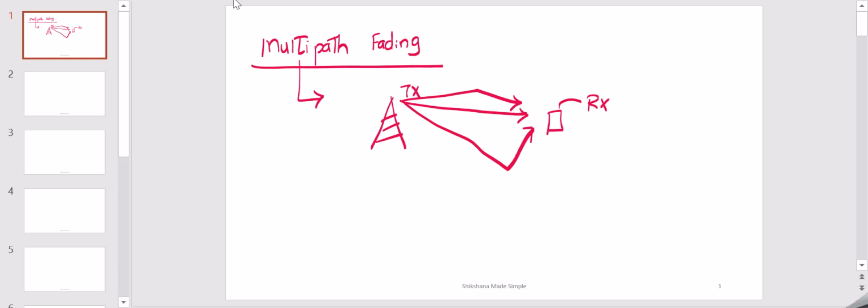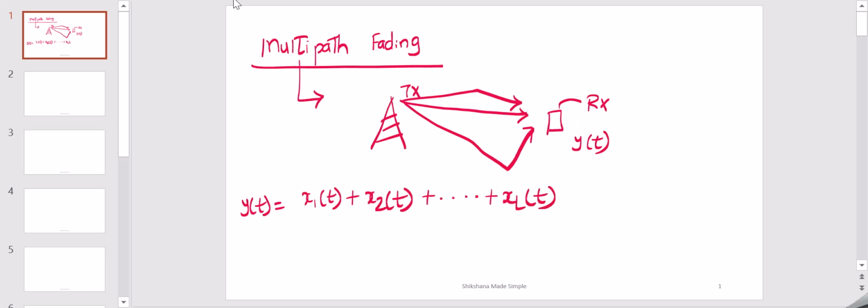So the signal received at the receiver, y of t, is given by y of t is equal to the first component, x1 of t, plus x2 of t, up to xL of t, right? So this I am considering is x1, this is x2, and this is the L, where L is the number of multipath components.